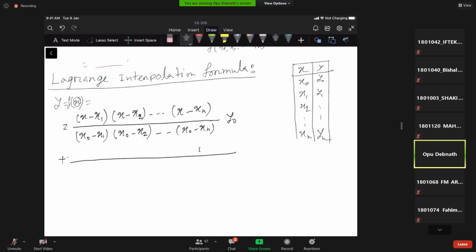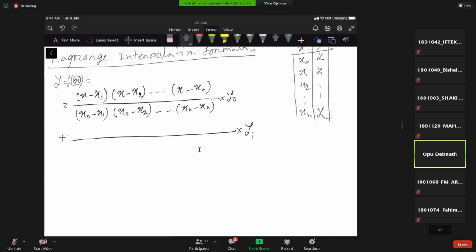For the second term, obviously it will be multiplied by y1, and the upper portion will be x minus x0, x minus x2, up to x minus xn, multiplied, and the lower portion is x1 minus x0, x1 minus x2, up to x1 minus xn.